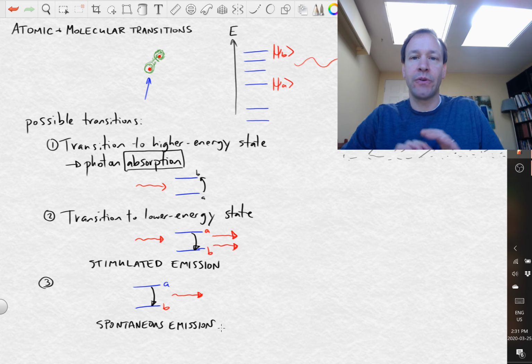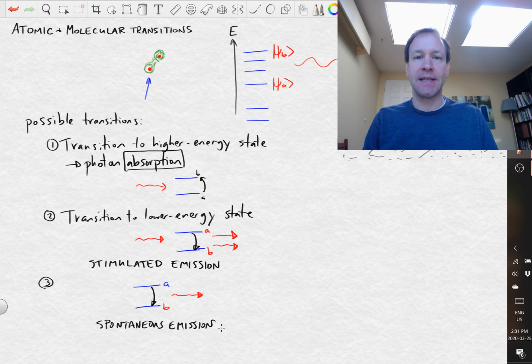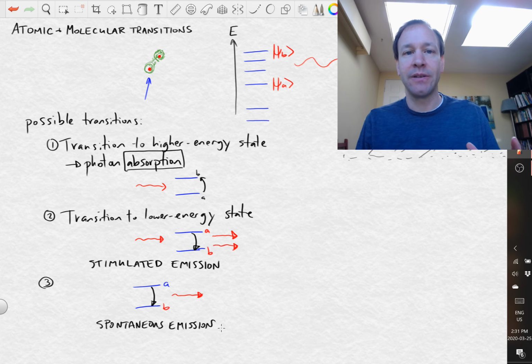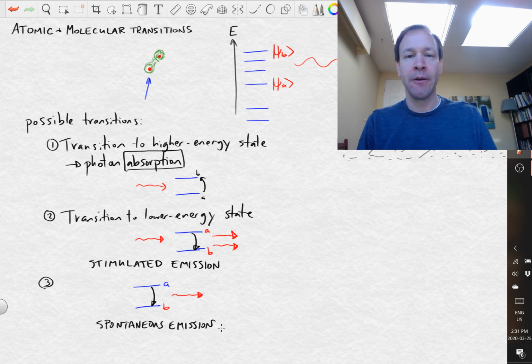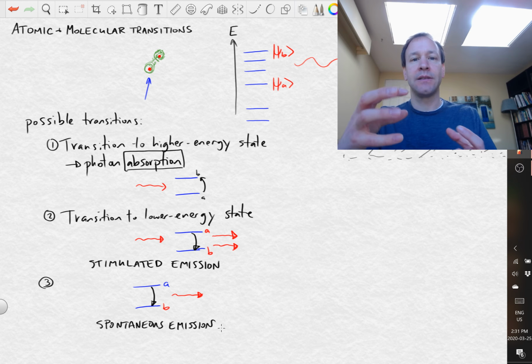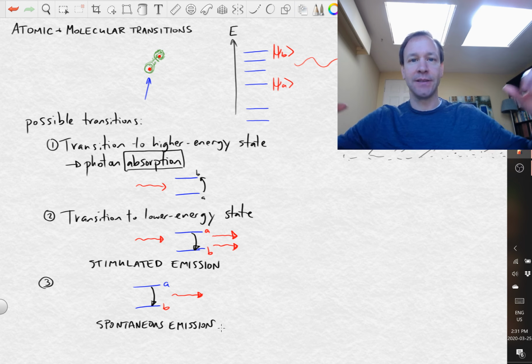And so the resolution of that puzzle is that when we originally were thinking about atoms or molecules and calculating these energy eigenstates, we just wrote down a Hamiltonian for the various charged particles in the atom. But in reality, those charged particles are part of a larger system that includes the electric and magnetic fields.